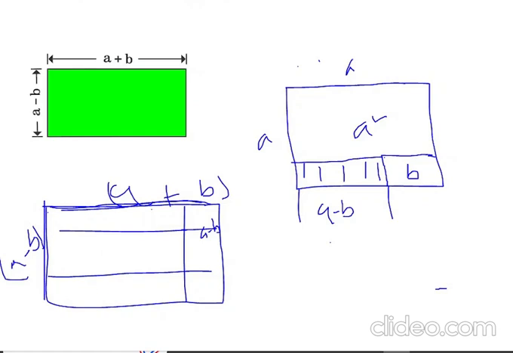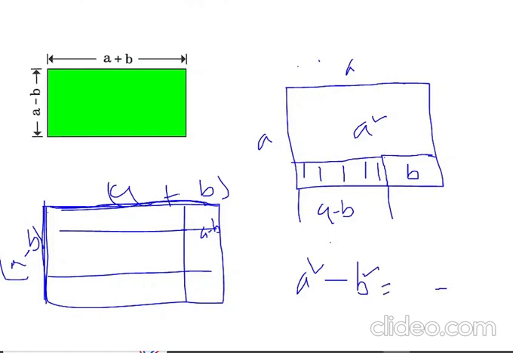Now if we consider the whole picture, if we consider this length as whole, this unit is a plus b and this unit is a minus b, and after multiplying a minus b into a plus b, we get, after deducting from a square, we know the previous square was a square, and after deducting b square, we get what?